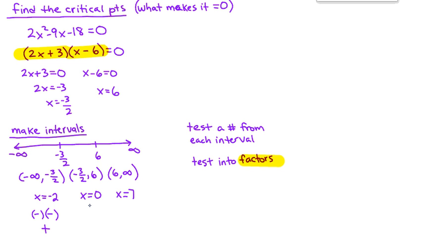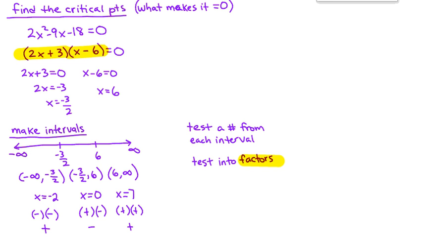Move on to the next test number, 0. Plug it in the first factor. 2 times 0 plus 3, that's positive. Plug it into the second factor, 0 minus 6, that's negative. Positive times negative is negative. And 7, same idea, we get positive times positive, which is positive.